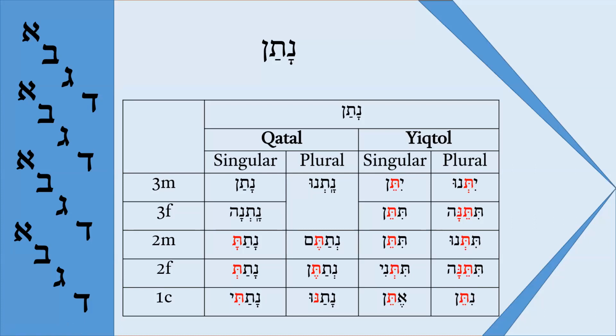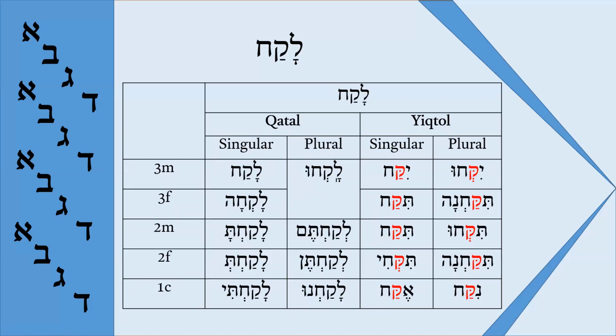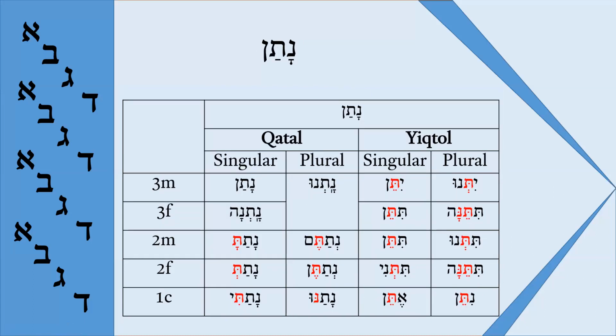Thank you, Professor. Okay, so we can continue. Does it mean Yiktol is future and Katal is past? Yes. For our purposes, we will always translate Yiktol as future and Katal as past.